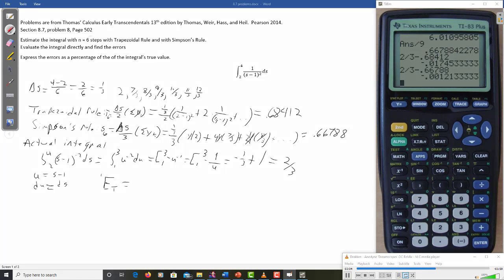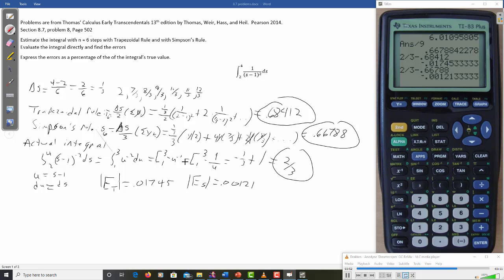So our error in the trapezoidal rule, I'll go ahead and do it in absolute value, is 0.01745. Our error in Simpson's rule is 0.00121. So those are our errors. Found our trapezoidal approximation, Simpson's rule approximation, found our actual integral, found our errors.